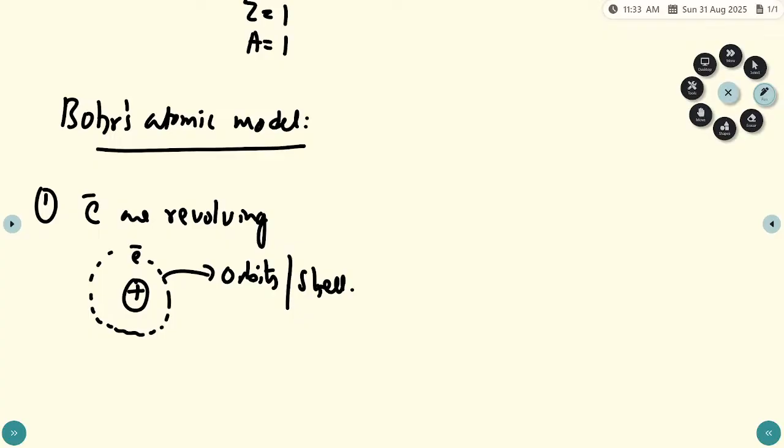Okay, and next point. So and these shells are, what are these? These shells are orbits, are numbered as 1, 2, 3, 4 or KLMN.